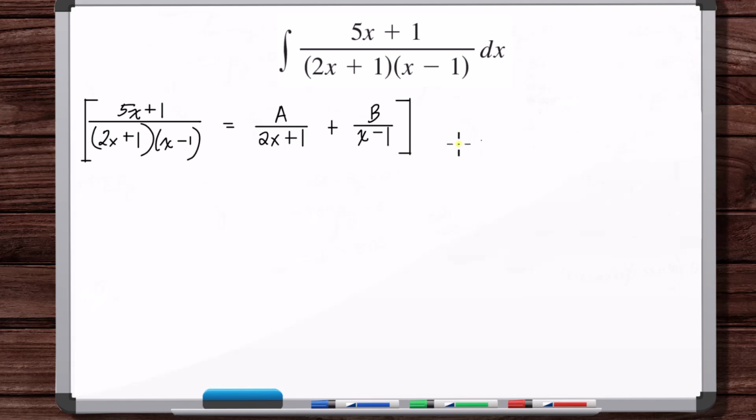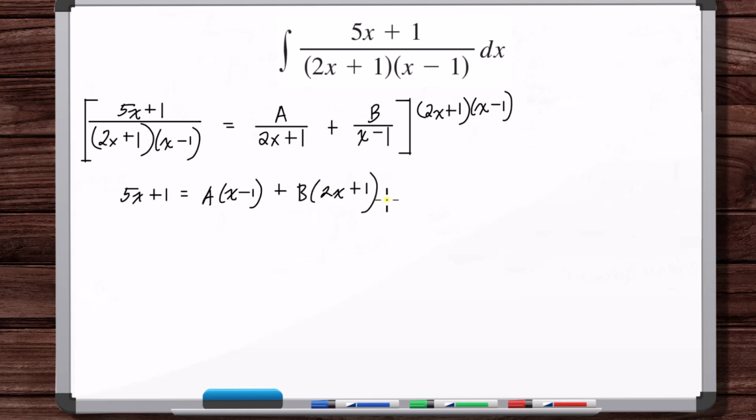So next step is you clear the fractions, multiply by the least common denominator. So we've got 5x plus 1 is equal to, okay.